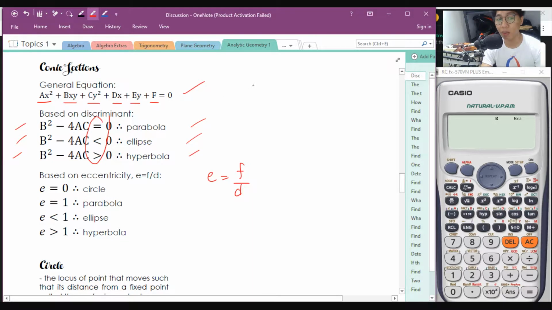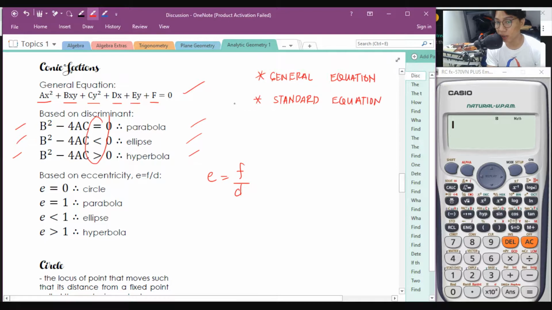Meron tayong tinatawag na general equation at meron din tayong tinatawag na standard equation. Sa standard equation, this general equation, medyo mahirap malaman kung ano yung specific type of conic.